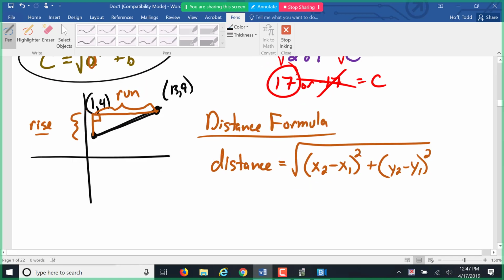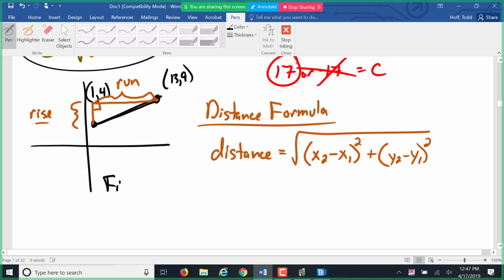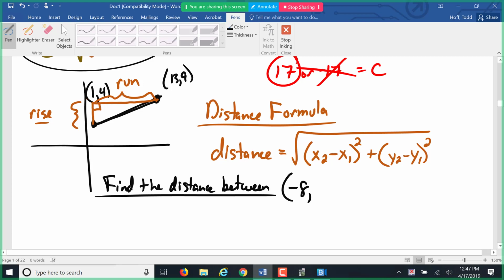So if I ask you to find the distance between the points -8, 11, and -1, -13, I would apply this formula.